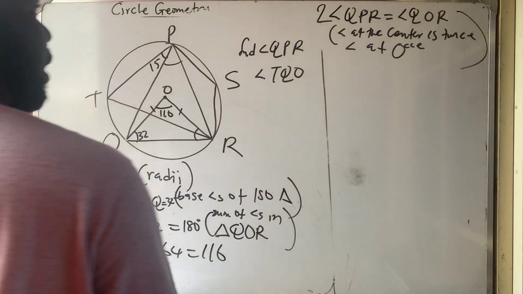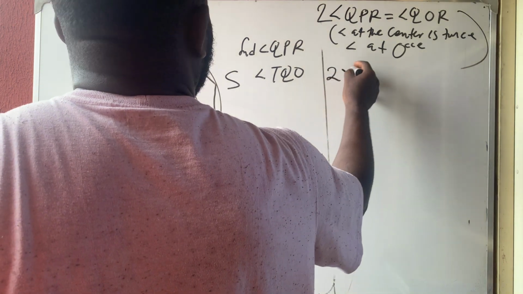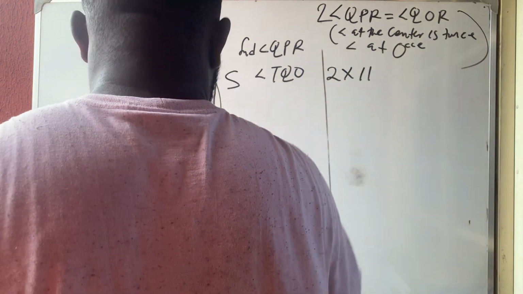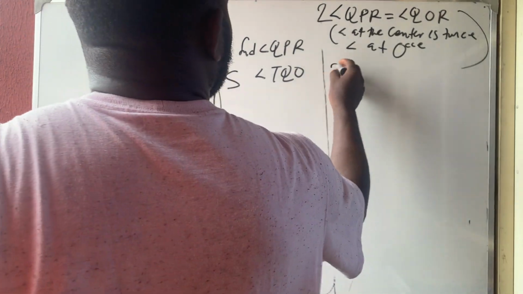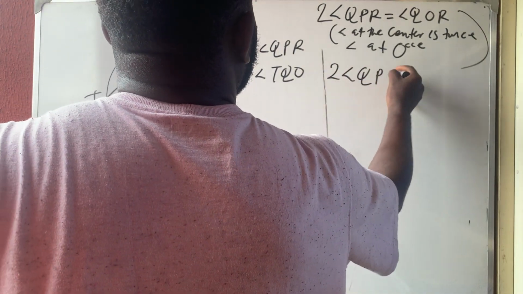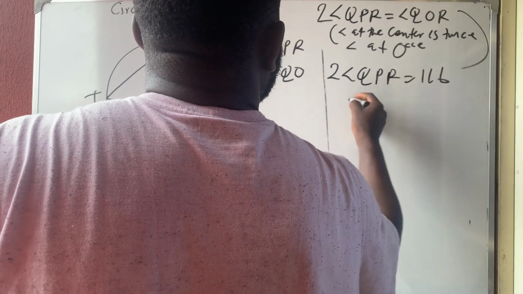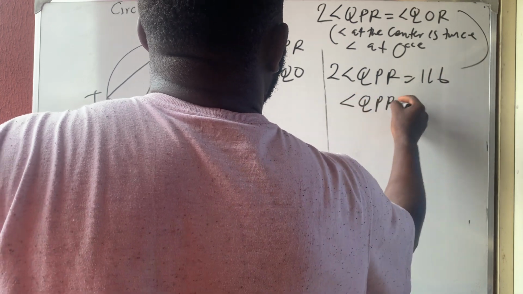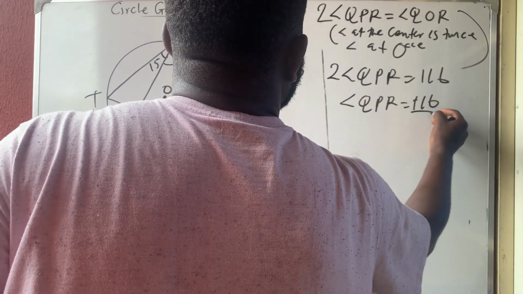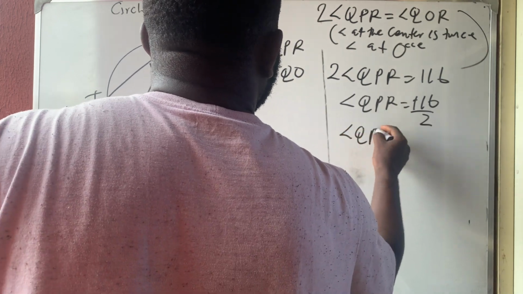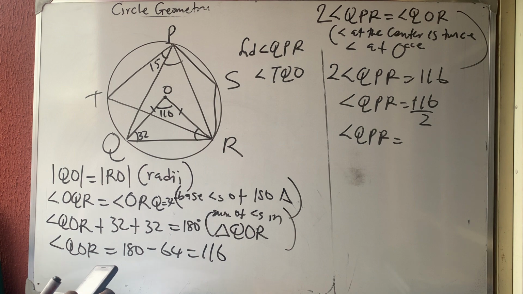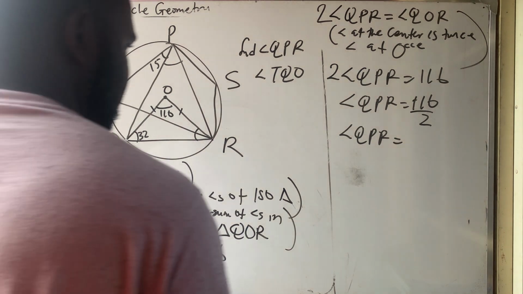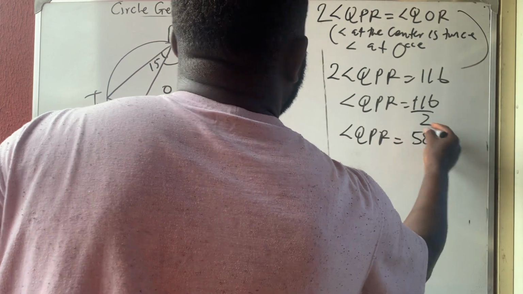Okay, so what do we have now? 2 angle QPR is equal to 116. So angle QPR is equal to 116 divided by 2. So 58. So that is that.